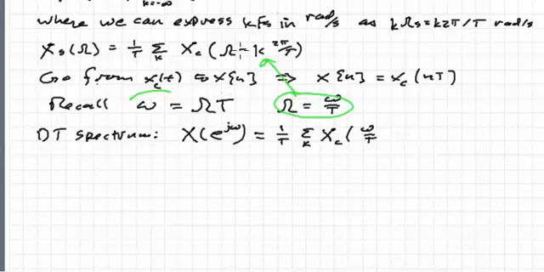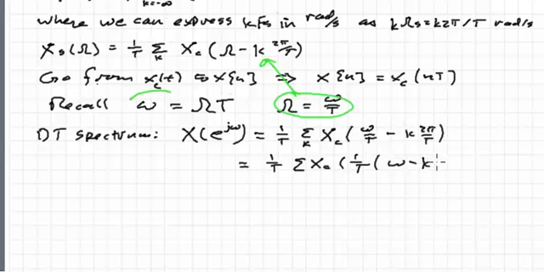That's just this replaced with that, minus k 2π over T. And then I can write that as 1 over T sum X_c, I'm going to factor out the T there, of ω minus k 2π.